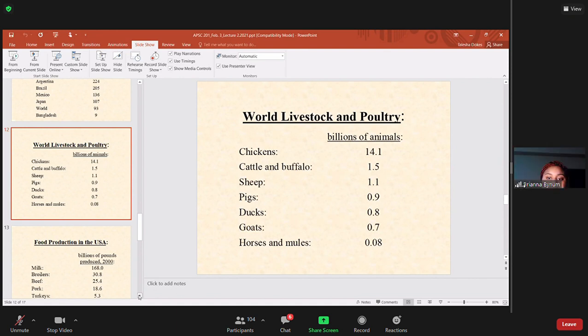Is the demand for goat just increasing, or are more people coming over that are partaking in goat? The demand is definitely increasing.